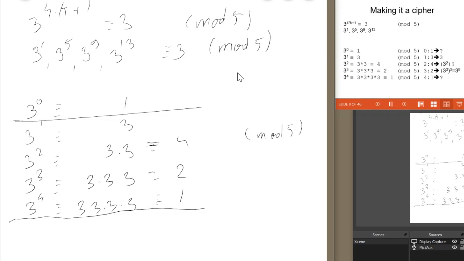So what we can actually use without repetition are the powers from 1 to 4. We get a repetition, in this case, each 4 exponents. And we can look at these exponents as keys in a crypto system. Namely, we could raise a message, in our case 3, to an exponent and get a ciphertext. All these ciphertexts look different: 3, 4, 2, 1.